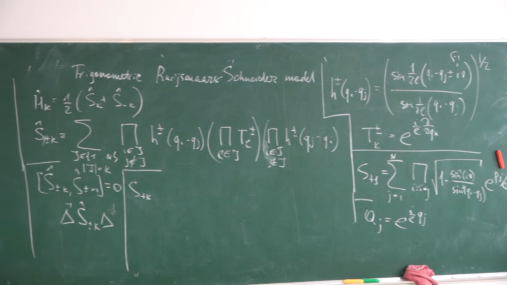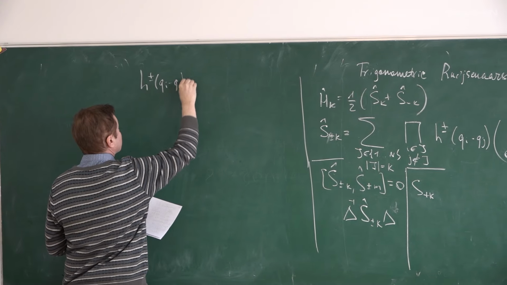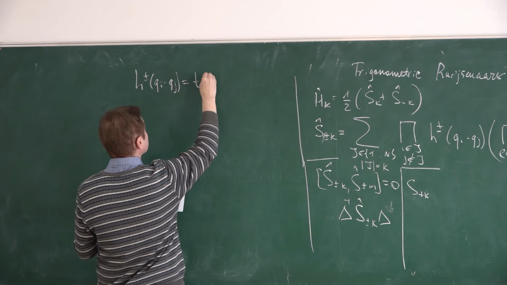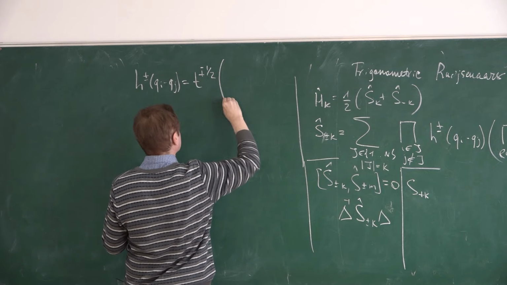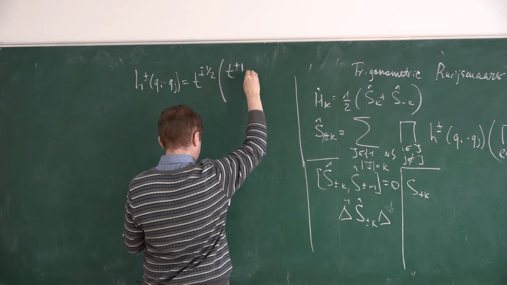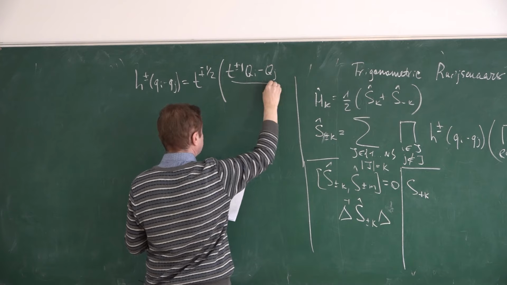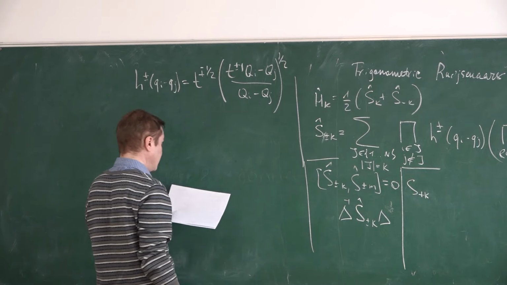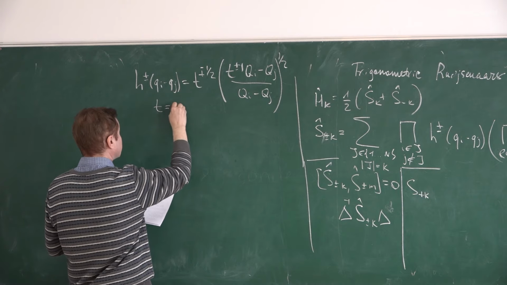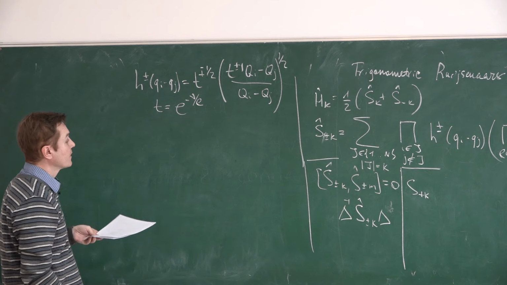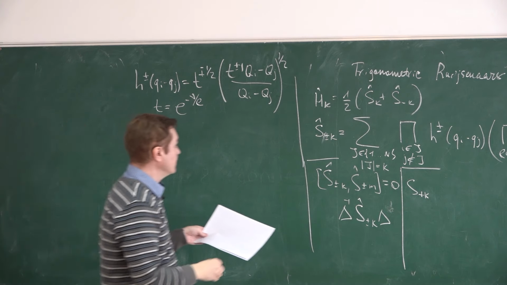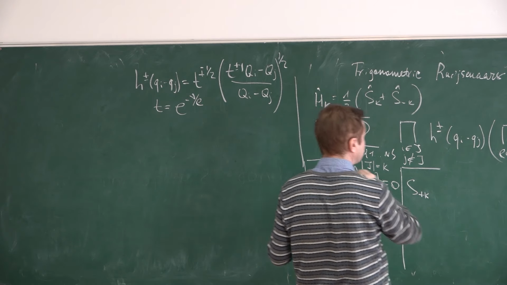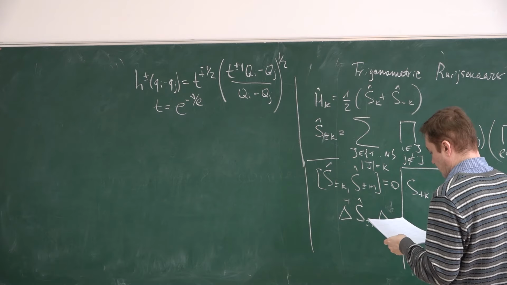First of all, we have this formula for the functions h as functions of Q large: t plus minus 1 Q_i minus Q_j divided by Q_i minus Q_j, all this square root, and this t is equal to exponent of minus nu divided by L. So using this formula, we substitute it here, and we also substitute the shift operator.